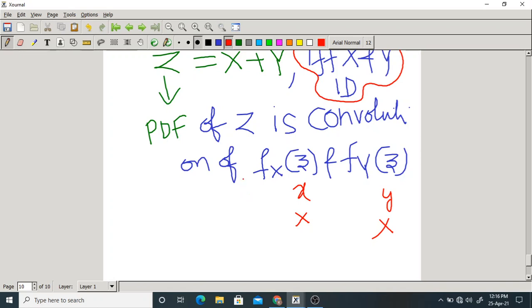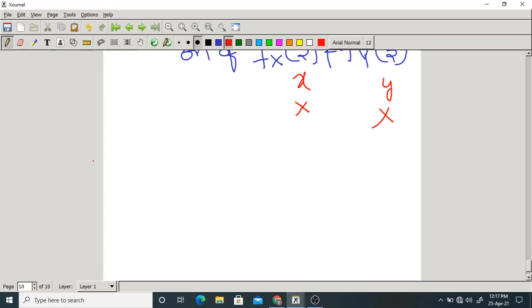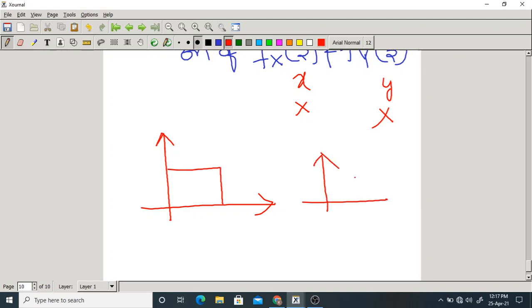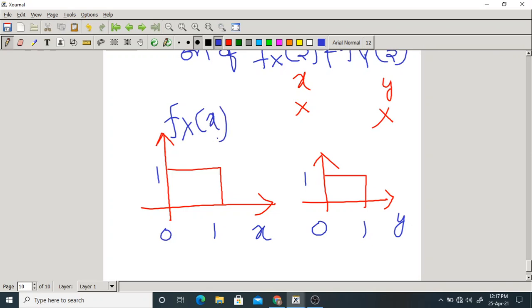Now let us take a simple problem. Example. They gave us two PDFs. It is 0 to 1, and it is also 0 to 1. What distribution is this? Uniform distribution. This is fx of x, and this is fy of y.